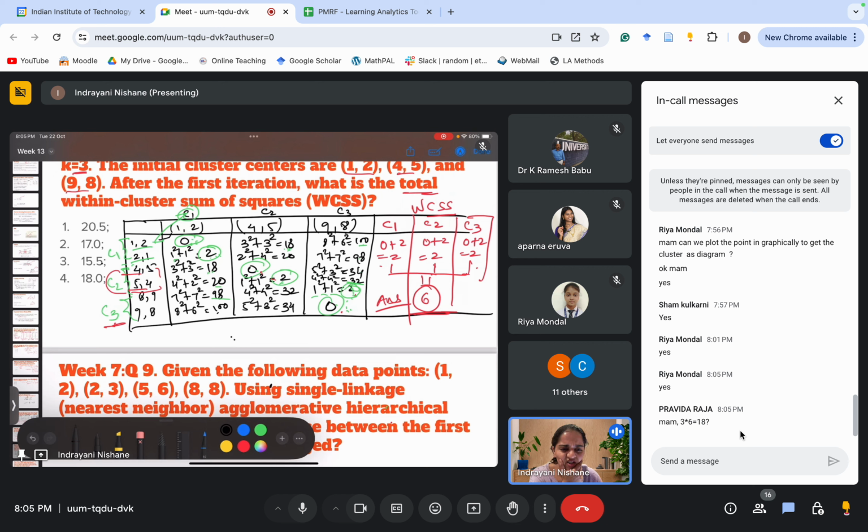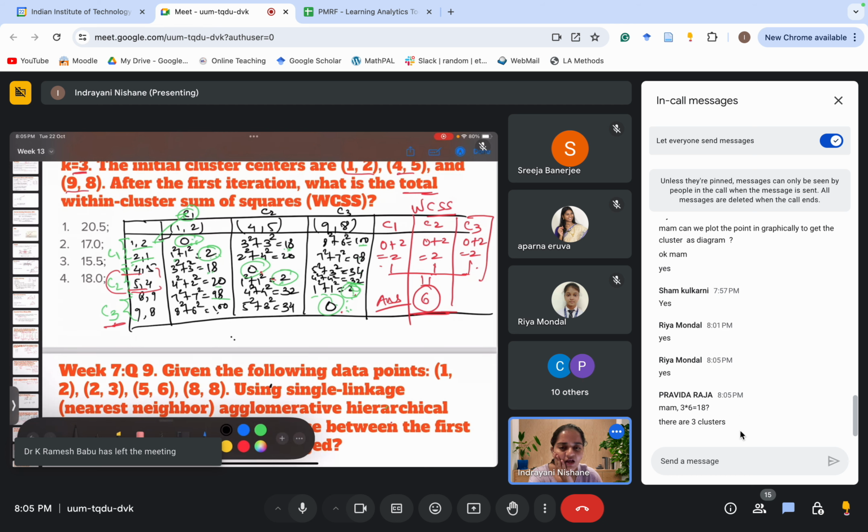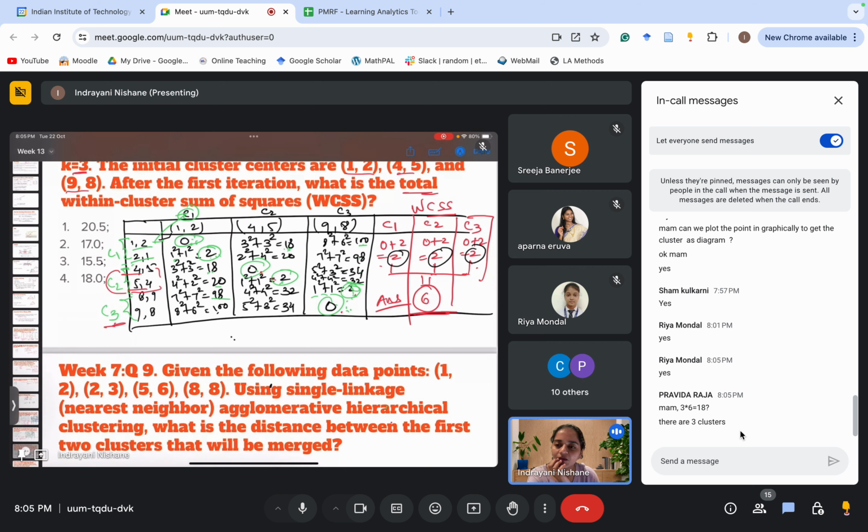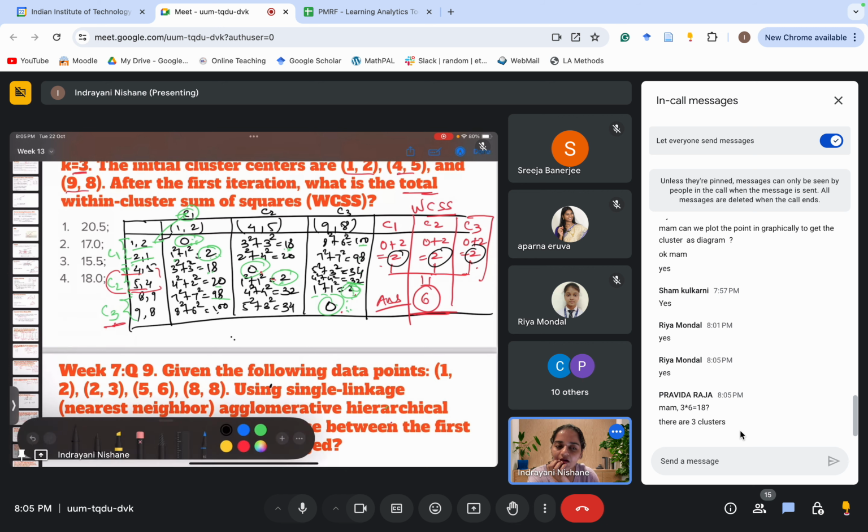Why do 3 into 6? Pravida, can you unmute? But for each cluster we anyway did it individually, no? And then we are computing. So for cluster 1 the sum of squares was 2, cluster 2 was 2, cluster 3 within cluster sum of squares was 2, and I added and got 6.